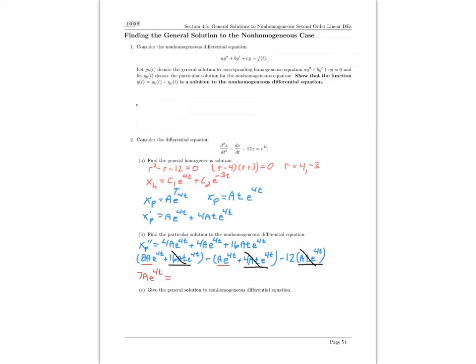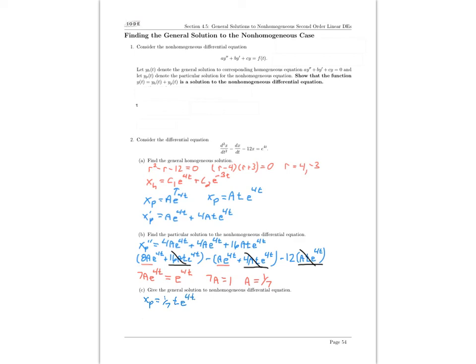And in order for this to be a solution, recall we want to get the forcing function, which was e to the 4t. So this tells me that 7a is equal to 1, or in other words, a is equal to 1/7. So now I've got my particular solution, namely x_p is going to equal 1/7 times t e to the 4t.